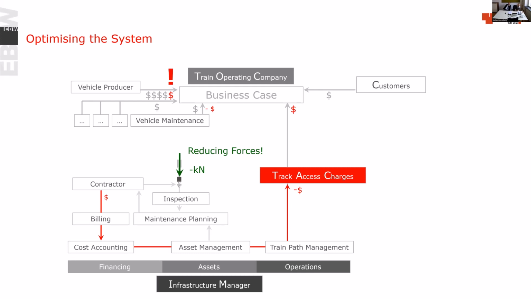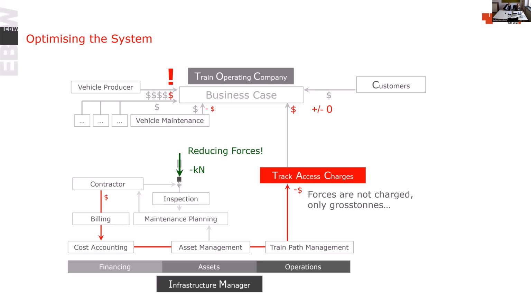Because here we have no system that is dealing with forces. We talk about train kilometers and gross ton kilometers and so on and so forth. So if we have a track access charging scheme that is not dealing with forces, we cannot provide the savings here into the business case. So it's the same.